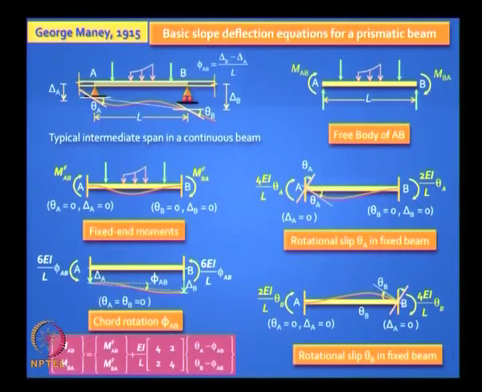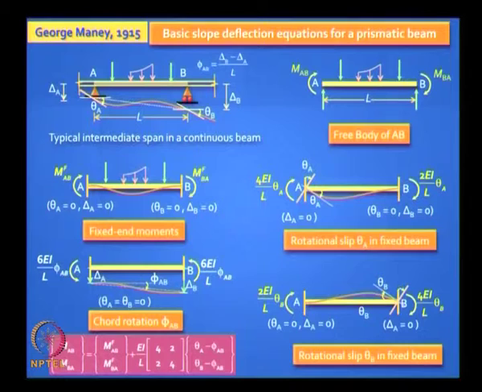The slopes are theta A and theta B for that element, and the deflections are delta A and delta B, but we know that what is of relevance is not the absolute values of delta A and delta B, but the chord rotation, which is phi equal to delta B minus delta A divided by L.